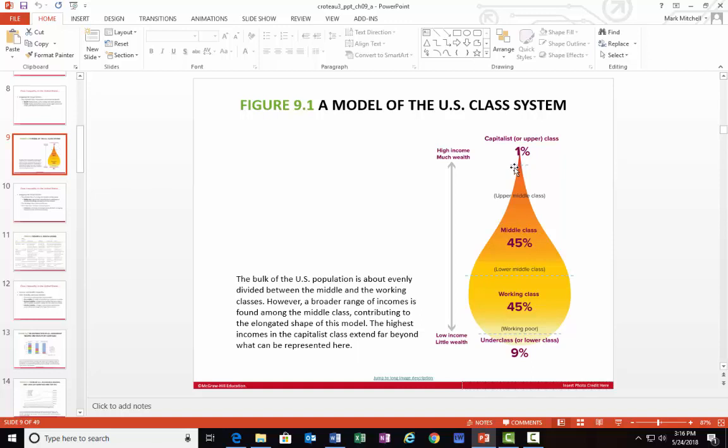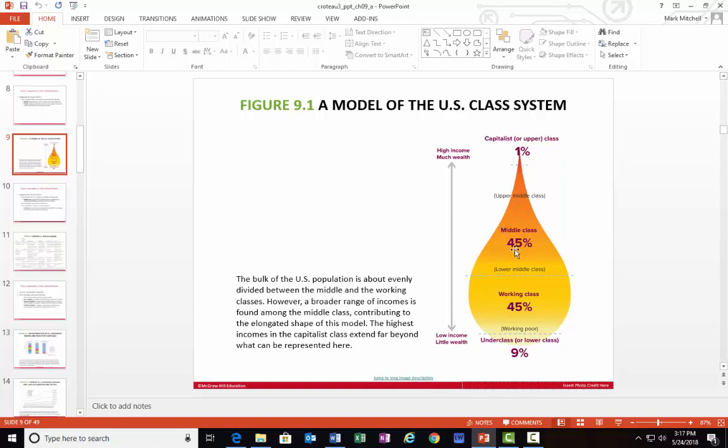But the top 1%, you may have remembered that term being used some years ago from the Occupy movement. They were talking about the 1%, and what they meant was the wealthiest people who had the most wealth and assets. And then you have the middle class. Depending on how many divisions, you can also add an upper middle class. This is usually how the books will have it.